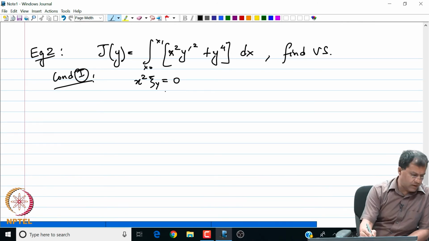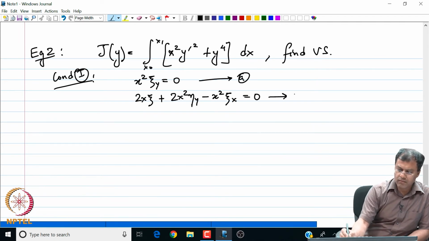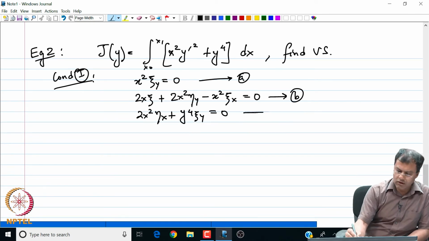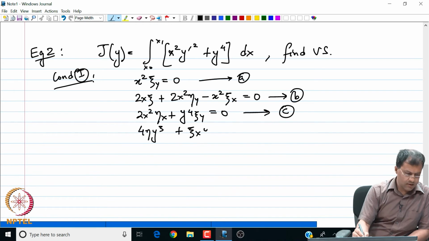Let me call this condition A. I call the second condition B: 2 x xi plus 2 x square eta y minus x square psi x is equal to 0. Then 2 x square eta x plus y zeta y is equal to 0, which I call condition C. And finally, 4 eta y cube plus xi x y to the power 4 set equal to 0, which I call condition D.